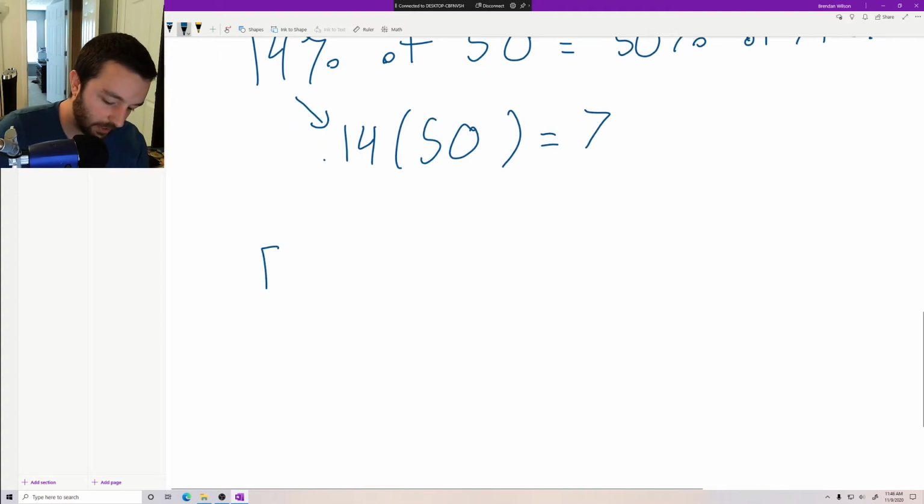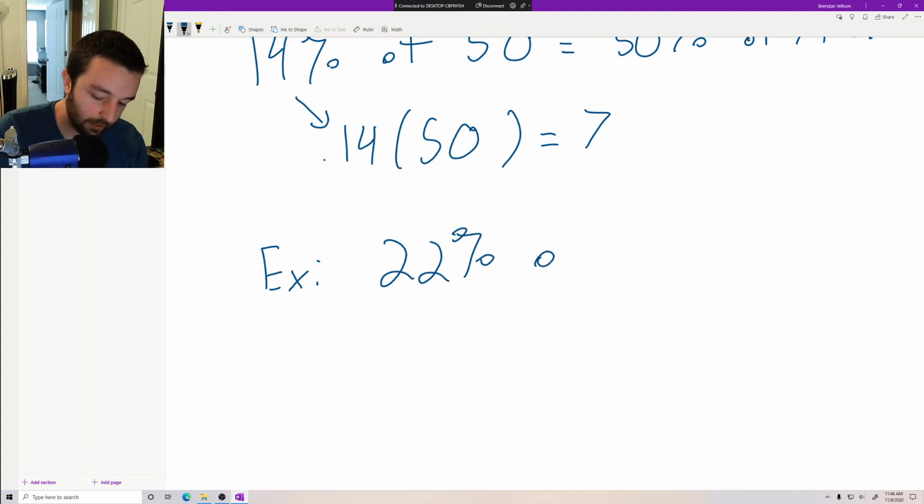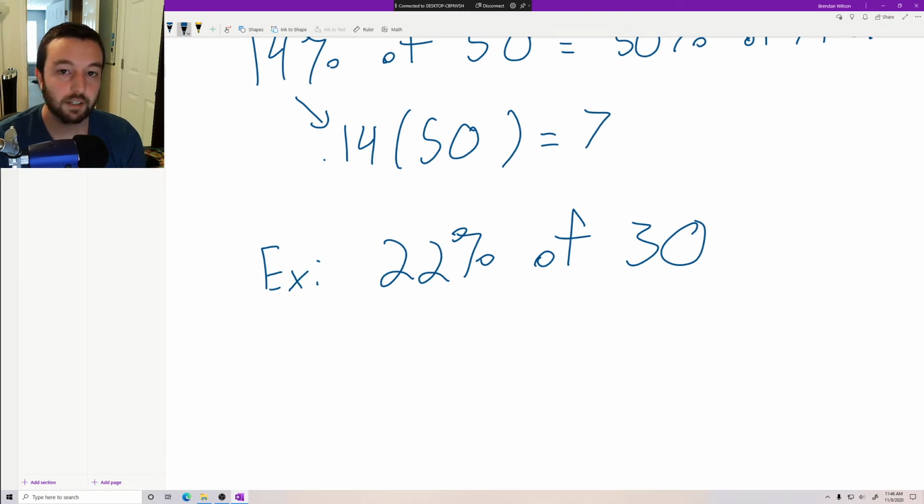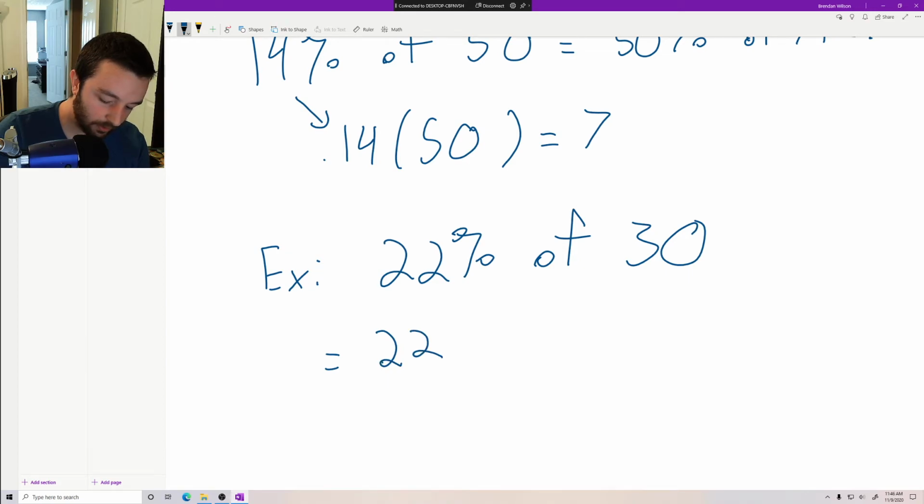So let's just do one more example. If we do 22% of 30, flipping it around is not really going to make it any easier, right? 30% of 22, not really easy to do in your head either way. So this is going to be 22 divided by 100 times 30.